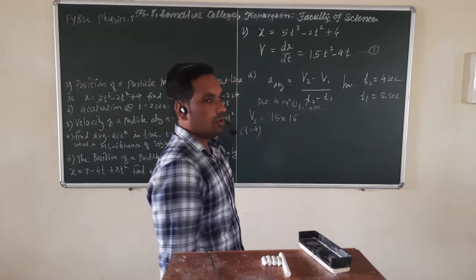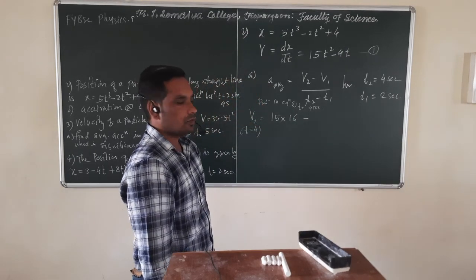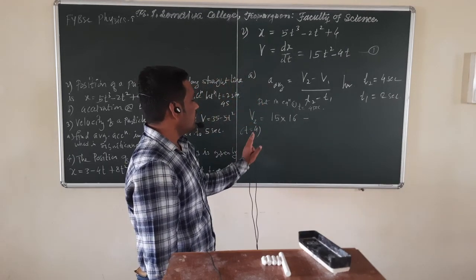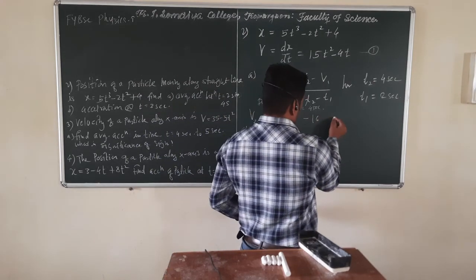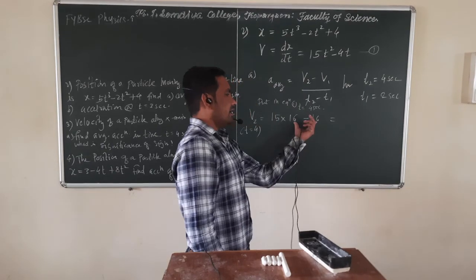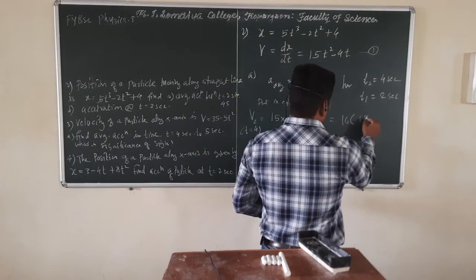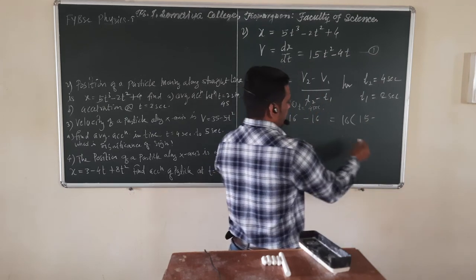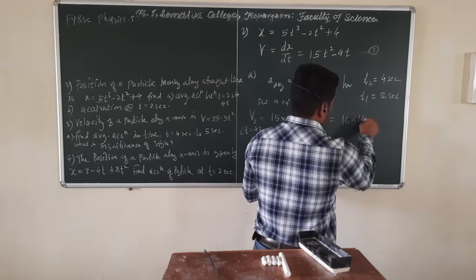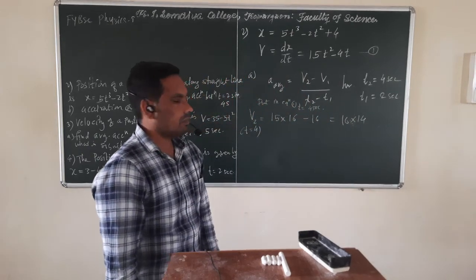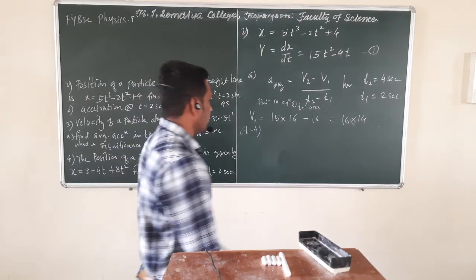So 15 into 16 minus 4 into t, again 4 into 4, which is 16. So this is equal to, you can take 16 common from both. So 16 multiplied by 15 minus 1, which is 14. Okay, so 16 multiplied by 14, that we have to calculate.